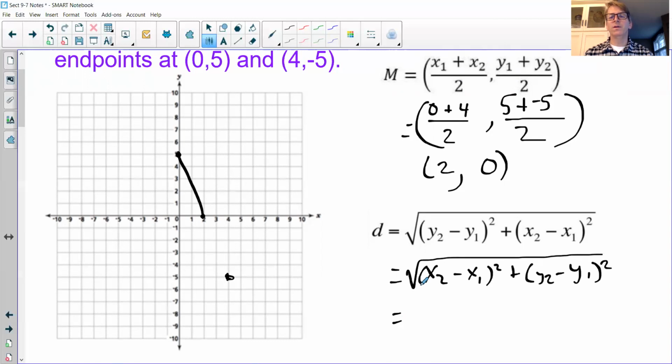So x2 minus x1, 0 minus 2. We're going to square that. And then we're going to take 5, the y, minus the 0, then we're going to square that.